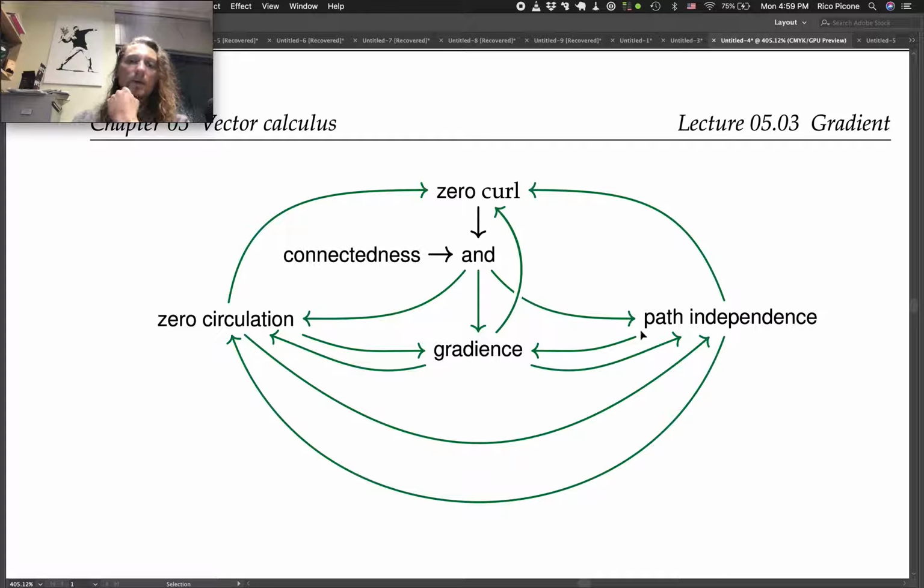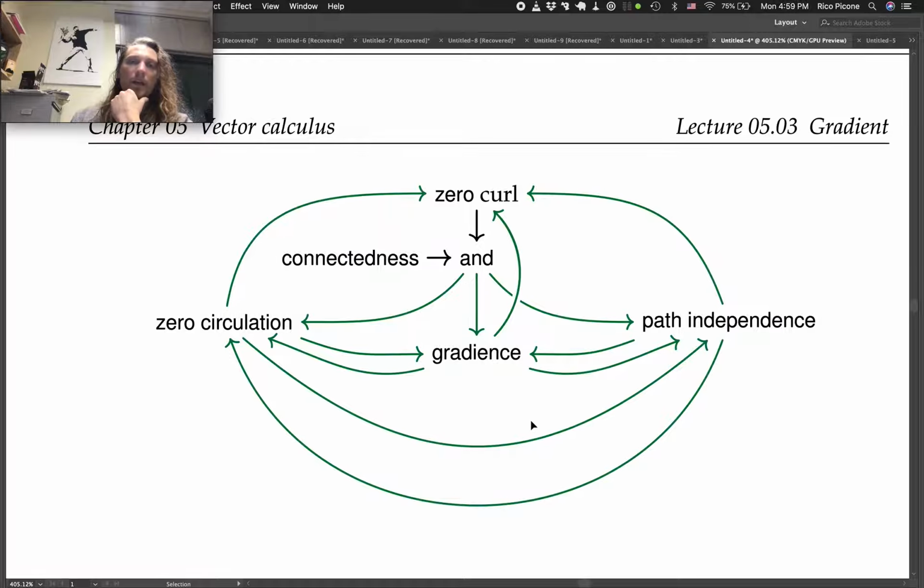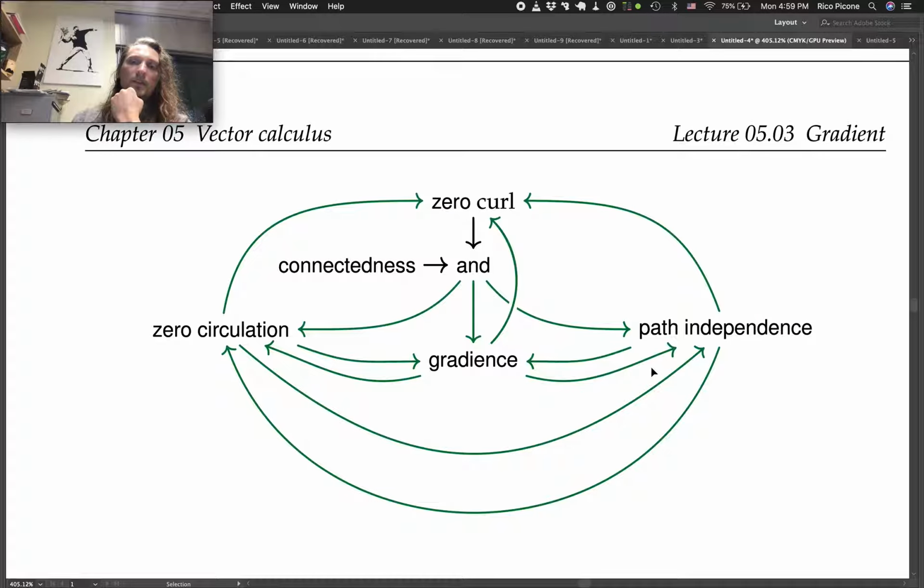If you have one of these three, you have all three of them, because one of them implies the other two. And all three of these imply zero curl, which is a nice situation.